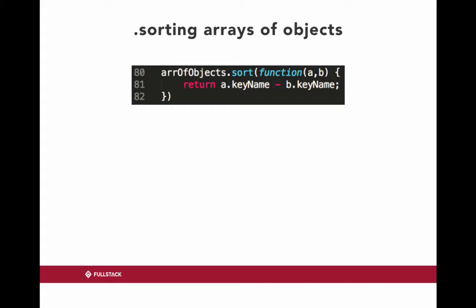So if we had an array of person objects, and instead of keyname I wrote first name, it would reorder the objects in alphabetized order of their first names. So it's the exact same mechanism, but you're accessing a property of the object in order to sort the array of the objects themselves.